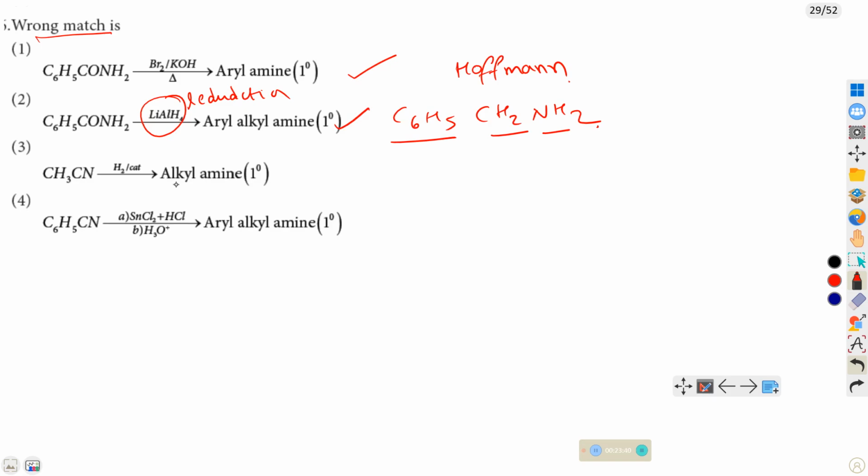Cyanide undergoes reduction, then it gives alkyl amine. Yes, this is also correct. C6H5CN undergoes reduction in the presence of SnCl2 plus HCl, then it gives C6H5CH2NH2 amine.